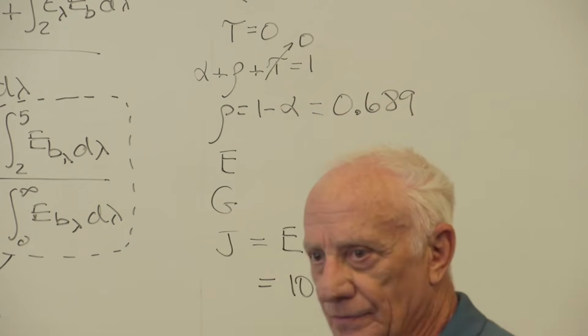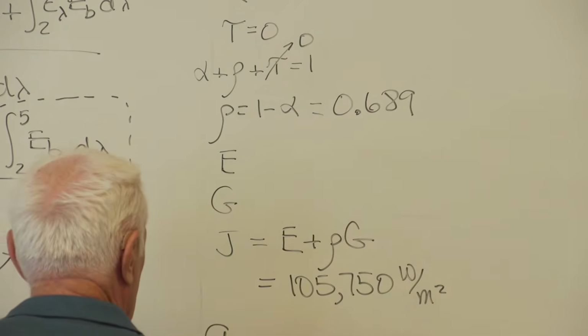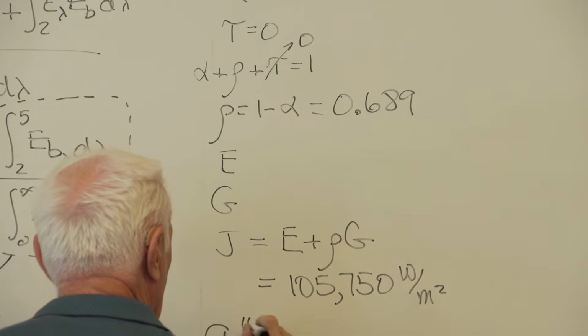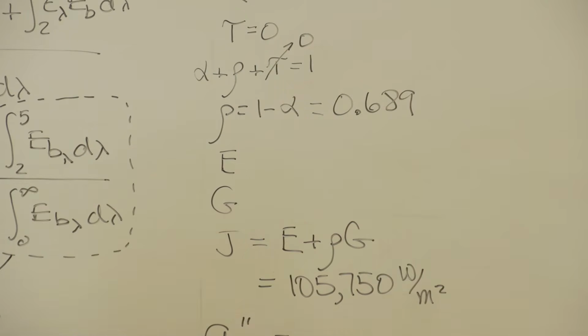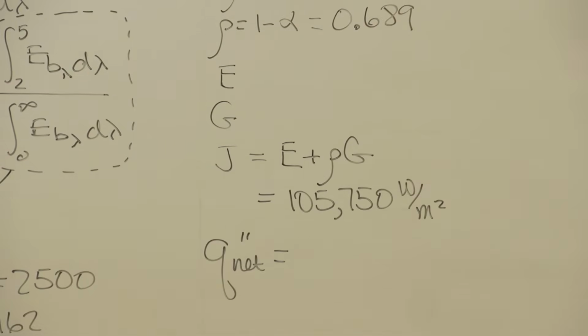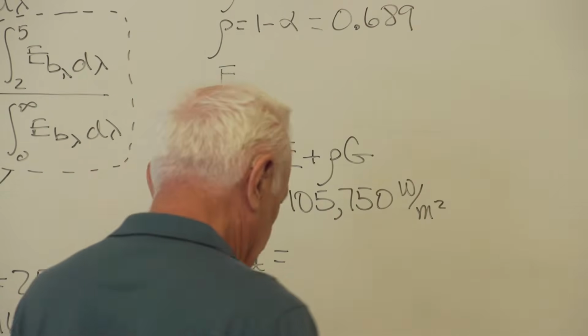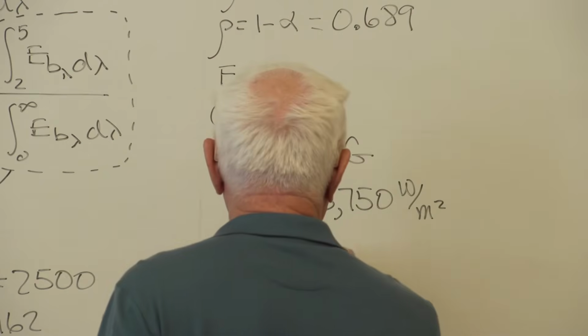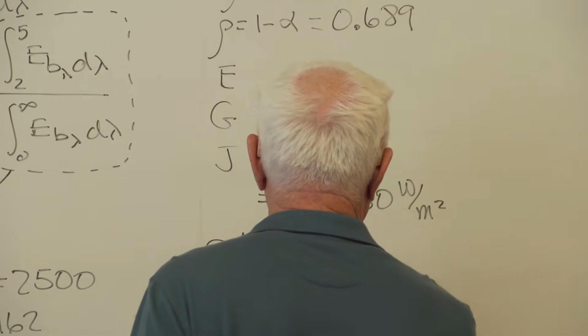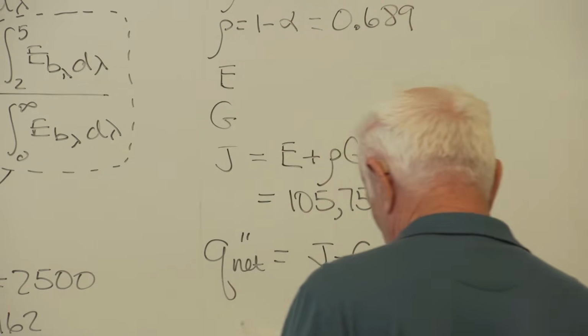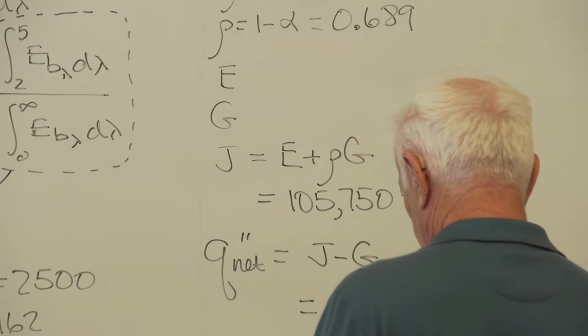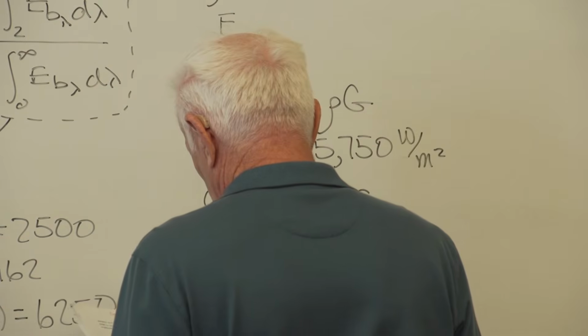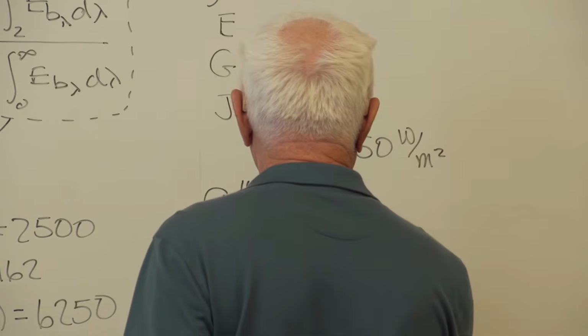Anything left? Yeah, one thing left. Q net double prime, the net heat flux leaving a surface, which is J minus G. I've got J. I've got G. 60,750.